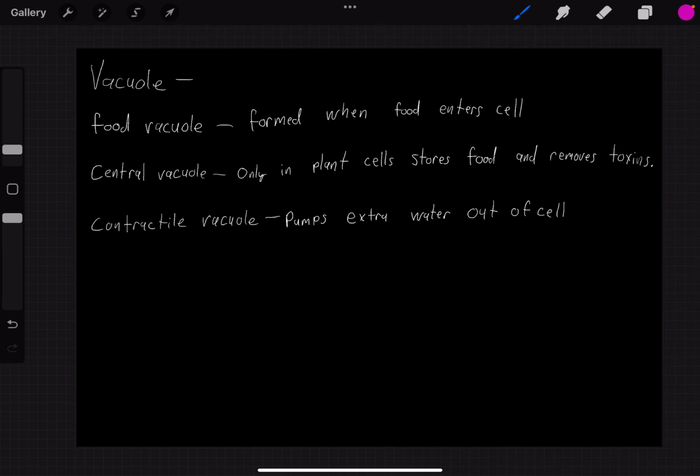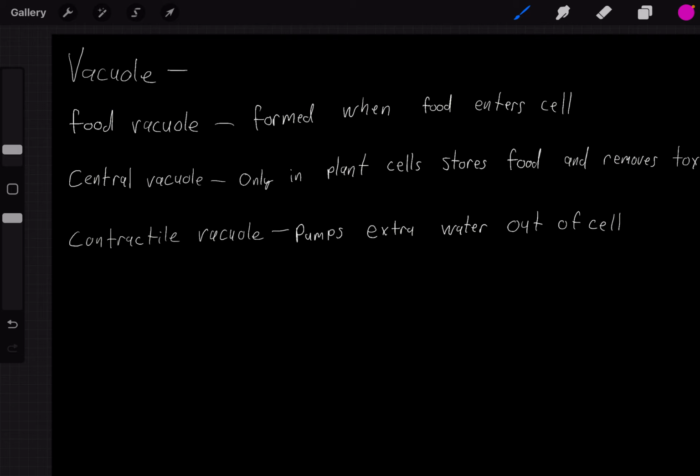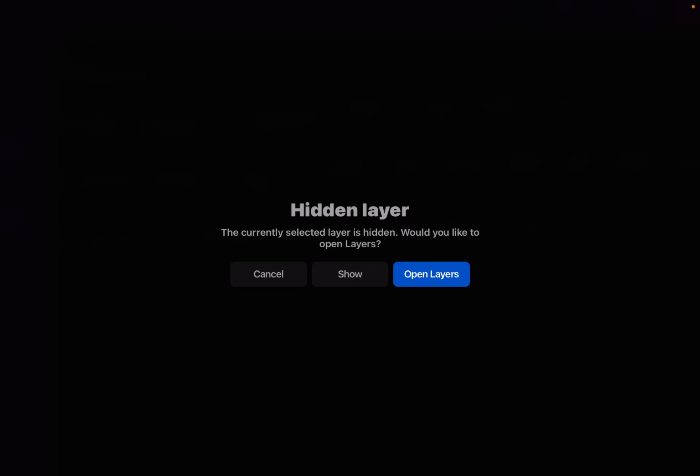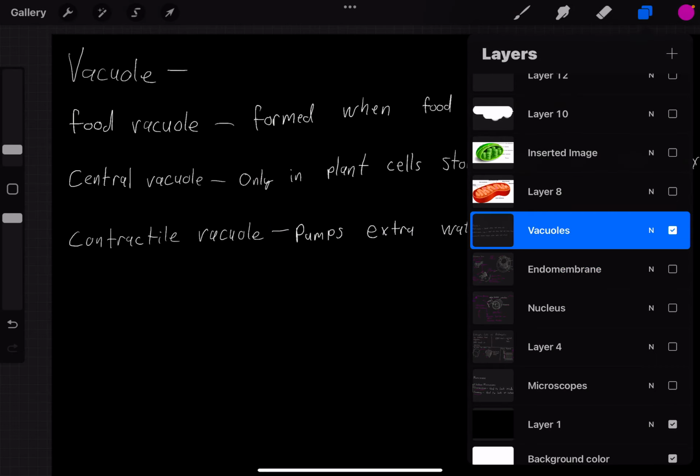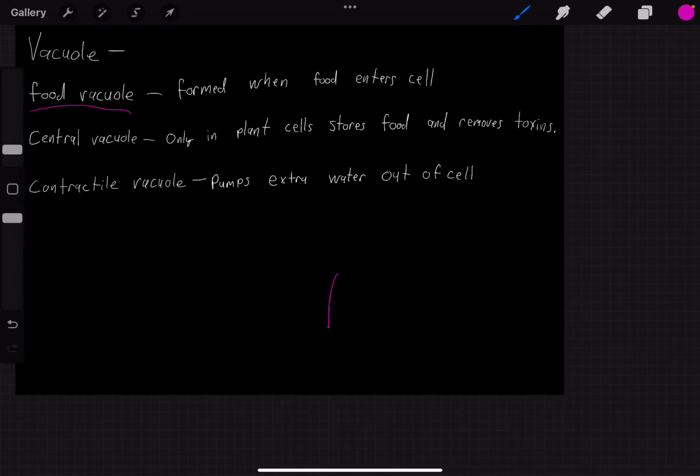Let's talk more about vacuoles or vesicles. There are three main types of vacuoles that we'll be talking about. A food vacuole, for example, is just when food is entering the cell. For example, if this is your cell membrane, we talked about phagocytosis. So when food is entering the cell, it's called phagocytosis.